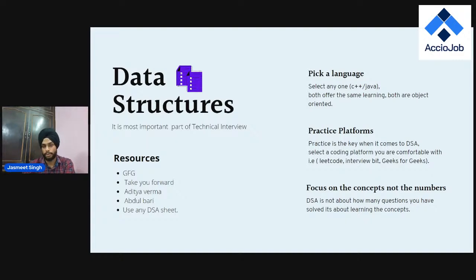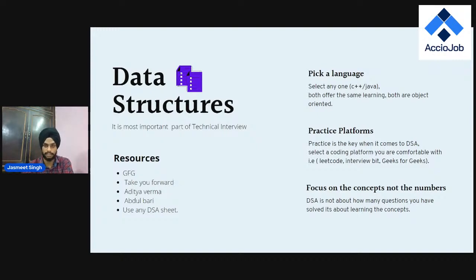Okay, so now you have sorted out the language you want to continue with. Now, what should be your second step? Once you select a language, your first step should be learning the basics of it: how the syntax works, what libraries the language uses, what the advantages and disadvantages of the language are, how to handle conditions, how to handle loops, how to handle errors and the basic stuff, right?